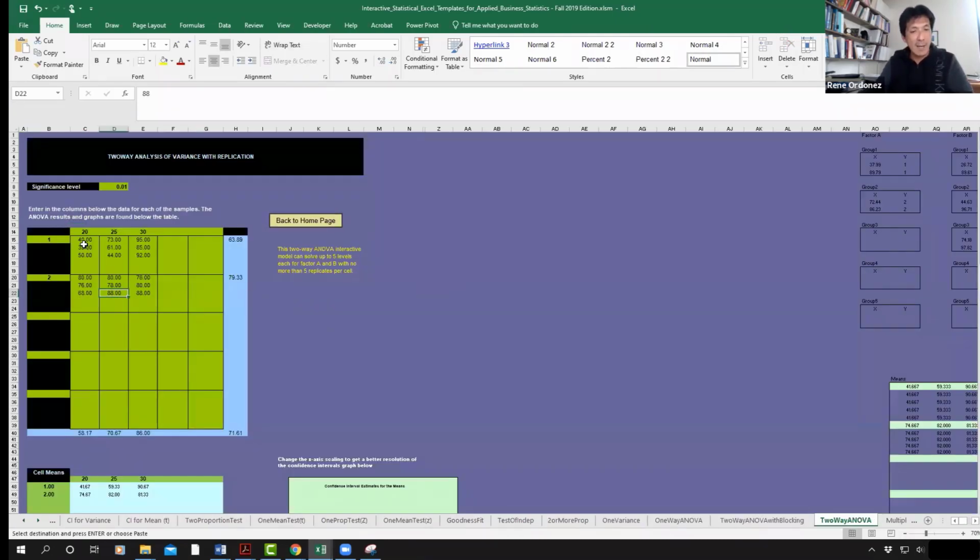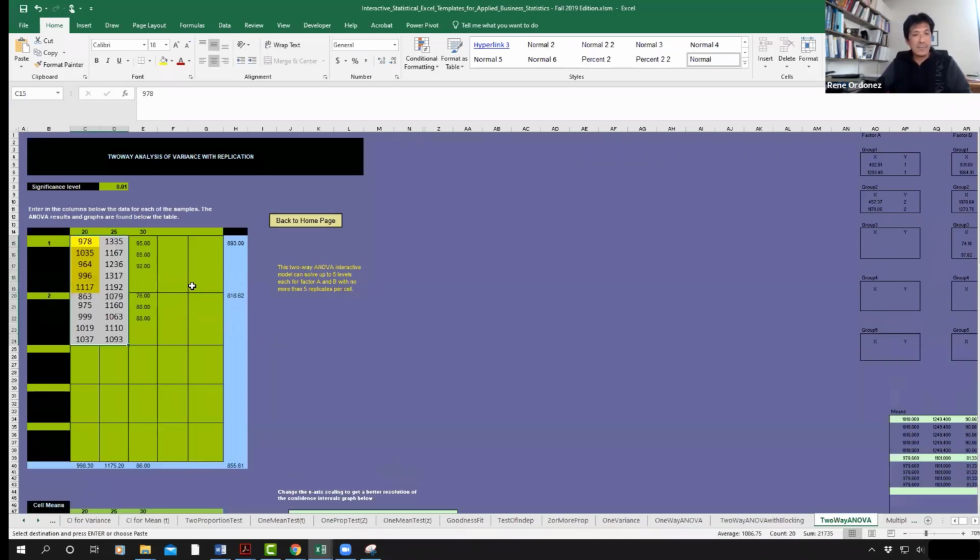And this table can accommodate up to 5 observations, meaning replicates of 5. So 1, 2, 3, 4, 5, which is neat because it's the same number of replicates in the accounting example. So I'm just going to paste that data I copied.